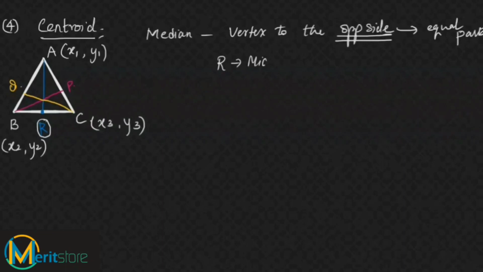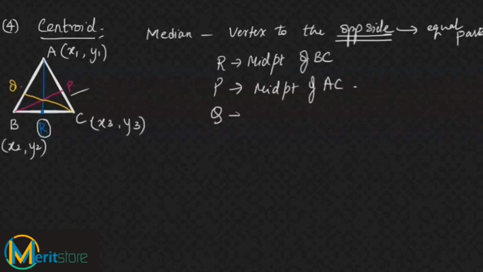R is the midpoint of BC. P is the midpoint of AC. And Q is the midpoint of AB.